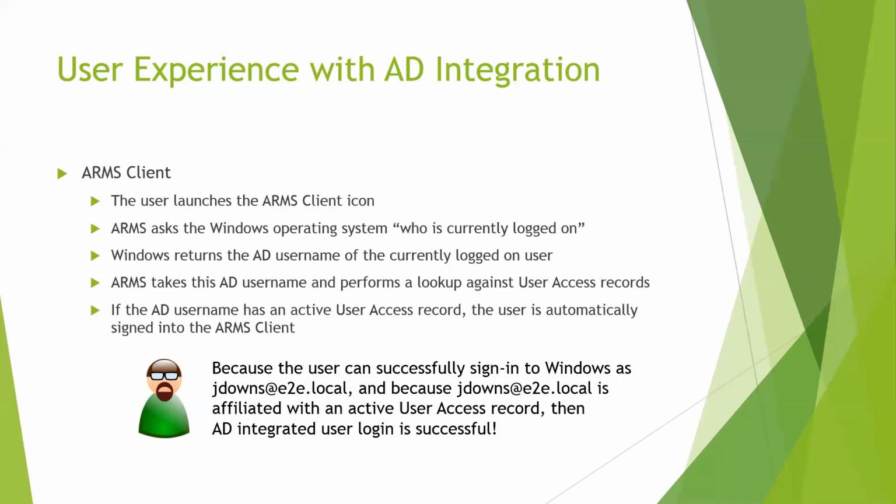It's inherently assumed the user can sign in because they were able to log into Windows, which compares against the domain, and the domain profile exists in ARMS, and the user's ARMS user access record is still active and still has its permissions.